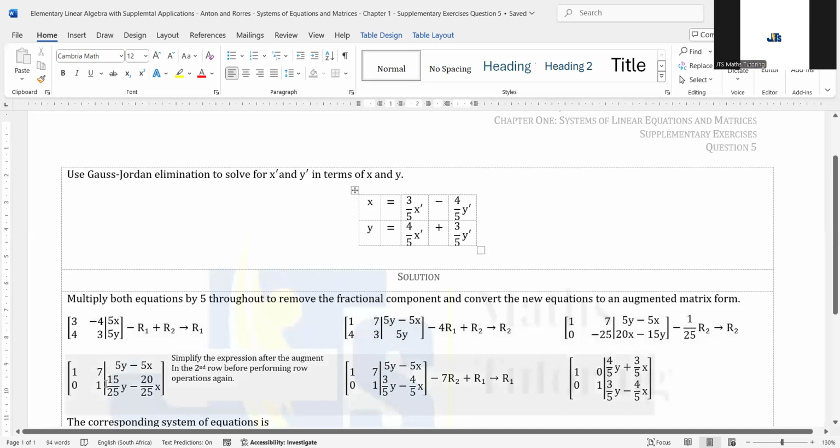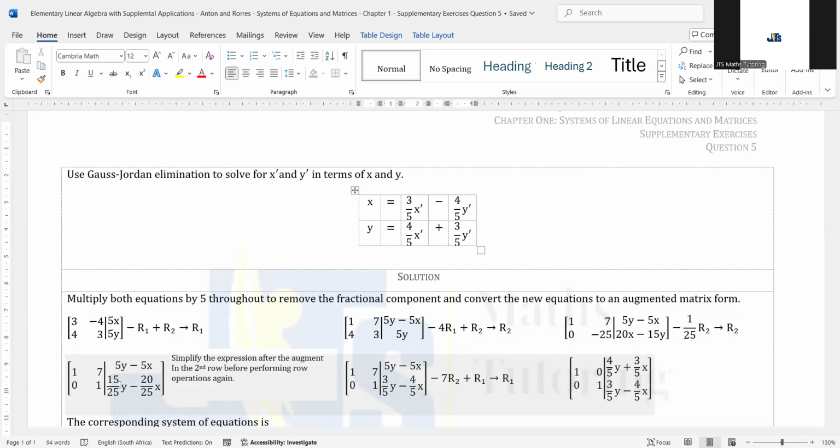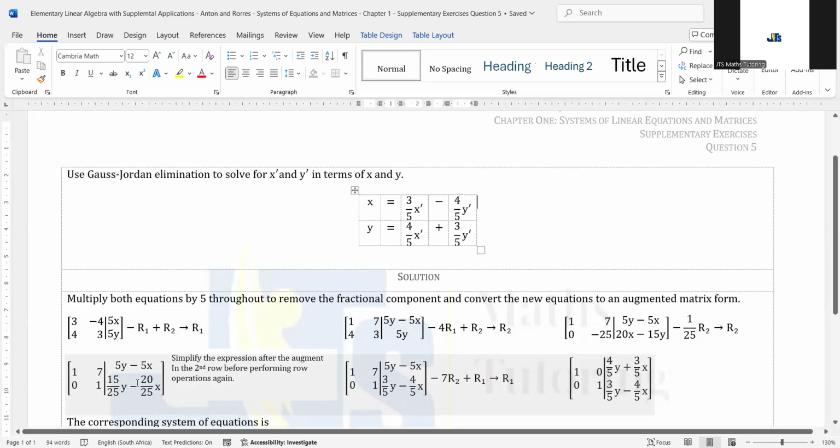It's going to give me -20x over 25 and positive 15y over 25, which is exactly what I have right here. I can continue with my row operations, but I can see something very interesting right here. So I've decided to simplify this expression before going on with my row operations, which is going to give me what I have right here.